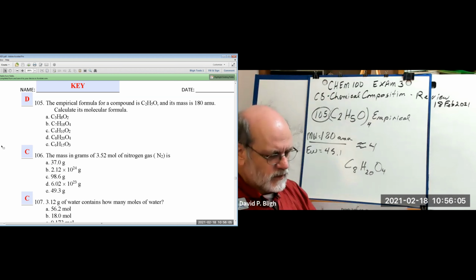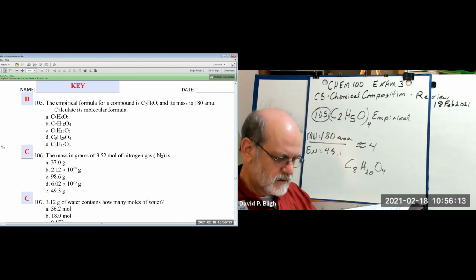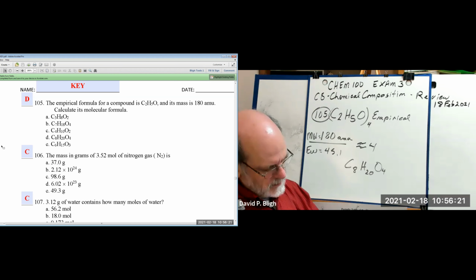Okay, let's see, where was I? 42, going backwards. Okay. Well, we could do one more molecular formula. I just passed one of those.